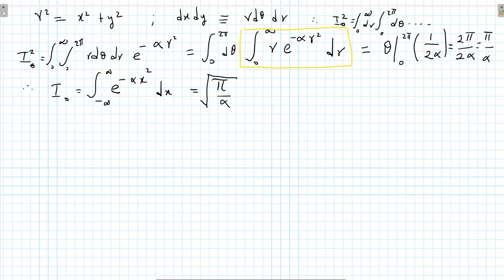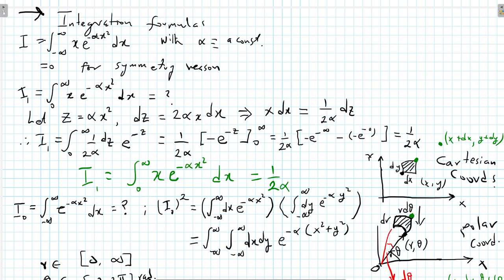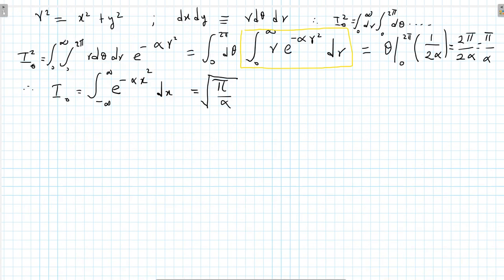So maybe I should have written the I0. So we have I1 and then we have I0 in green. So we have I0 and we have I1, which we have used above.